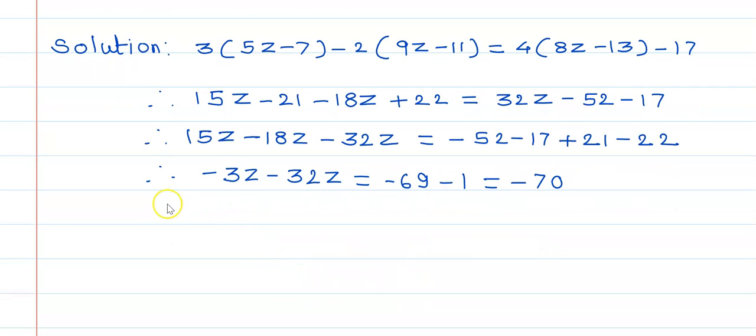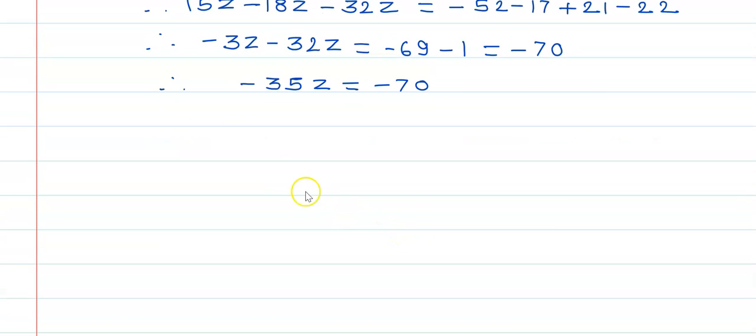And minus 3z minus 32z, you will get minus 35z, equals minus 70, and therefore z is equal to minus 70 upon minus 35.